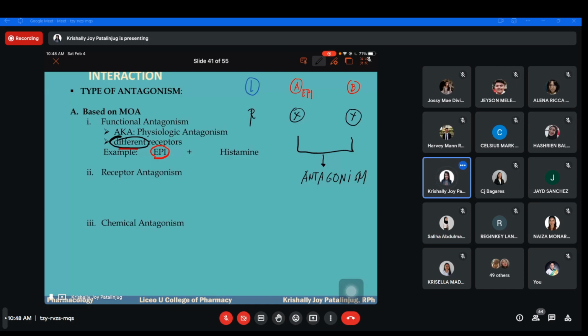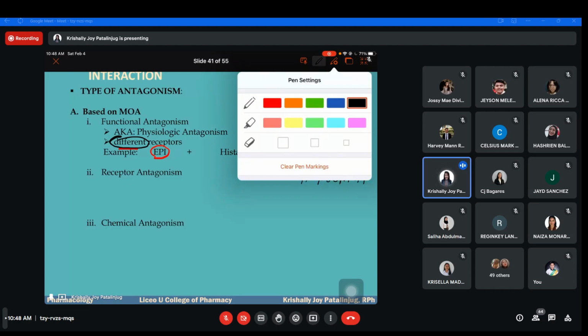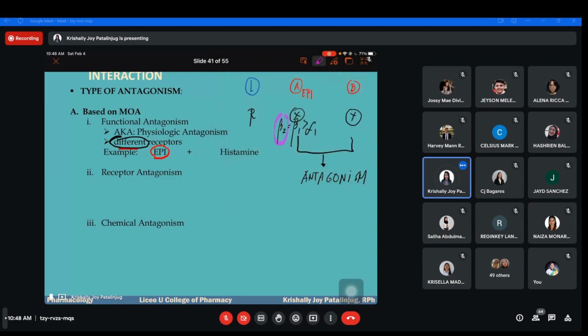Maraming adrenergic receptors na pwede siyang mag-bind. So it has affinity with beta 2 receptor, for instance. Meron din siyang affinity to beta 1. Also, it has affinity to alpha 1 receptor. Okay? Now, let's extract, for instance, yung one of the receptor kung saan siya nagbabind actively.